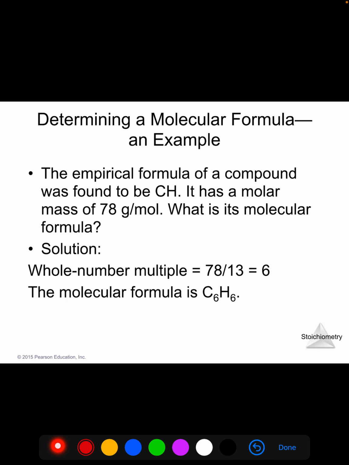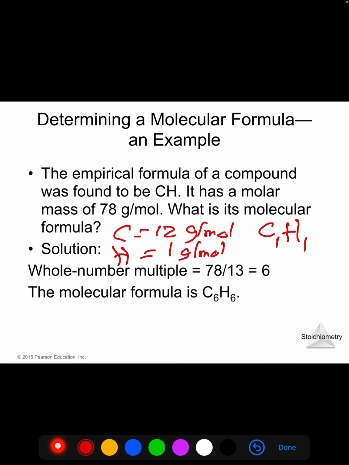We have a compound which is found to be 1 carbon to 1 hydrogen. That's its empirical formula, C1 to H1. Of course, the ones are understood. Well, carbon has a mass of 12.00 something, and hydrogen has an atomic mass of 1 gram per mole.